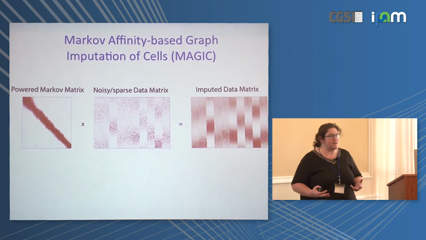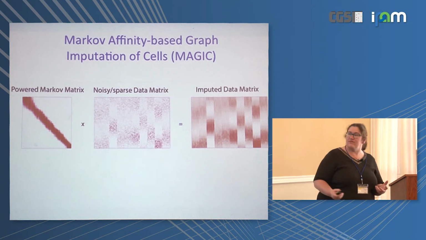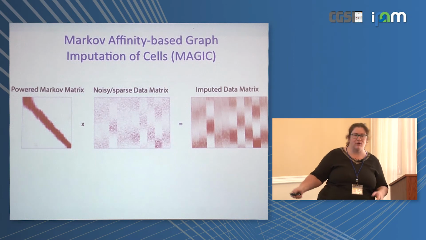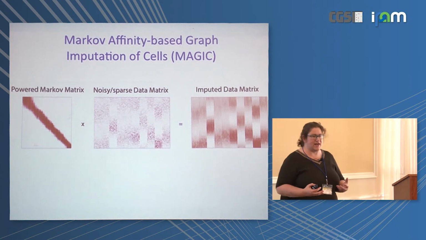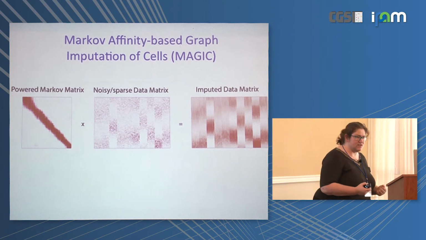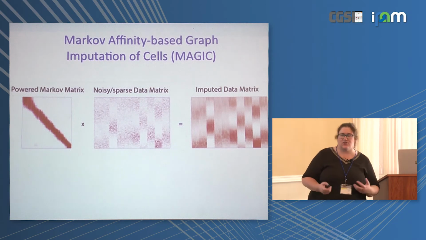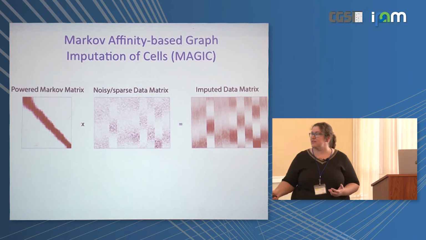So once we have this neighborhood metric, once we've learned the manifold, we've powered the matrix as many times as we have, and each cell has a weighted neighborhood of its most similar cells, it now basically uses these similar cells to learn what it might have missed, through simple matrix multiplication.